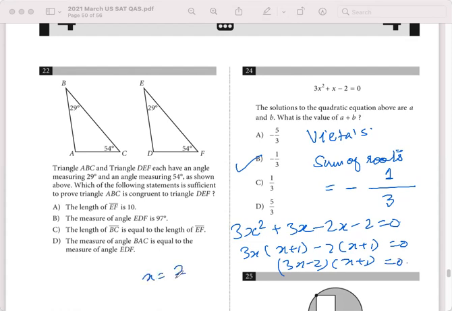So x is 2/3 and -1. So if you add 2/3 and -1, you will get -1/3. So you can either solve the equation or you can use the sum of roots formula and get the answer quickly.